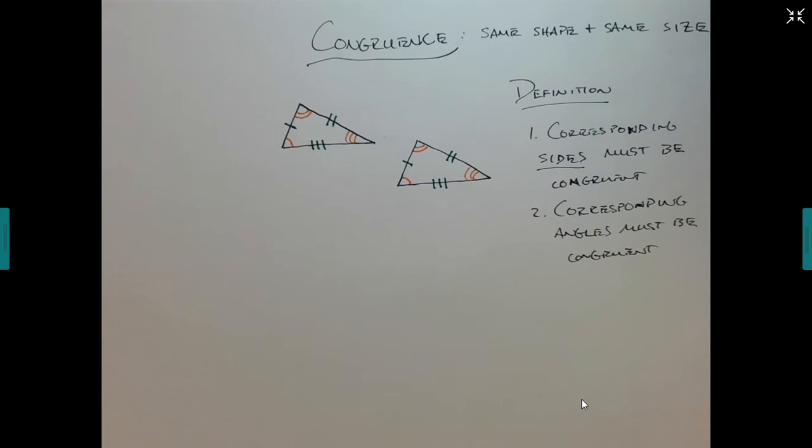And this is just for three-sided shapes. If we had four sides, we'd have four sets. If we had 12 sides, we'd have 12 sets of sides that would all have to be the same, 12 sets of angles that would all have to be the same.